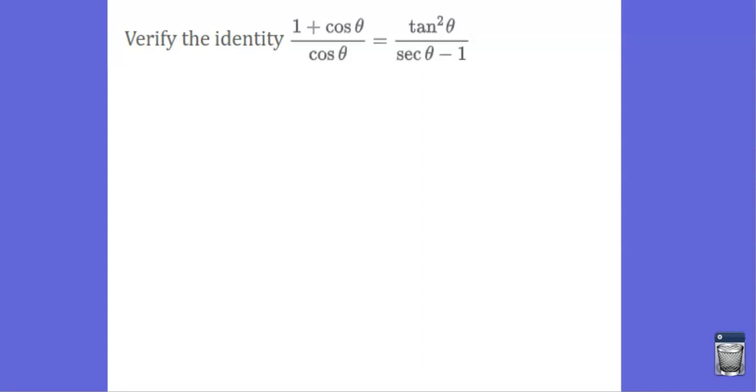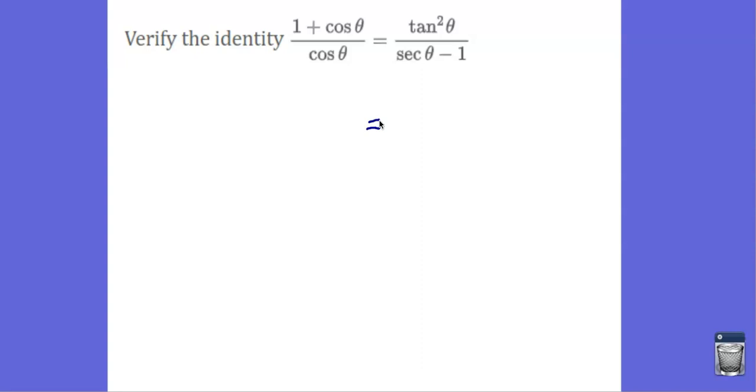This is just a plan, a method that you could use: I'm going to work the left side and work the right side until they equal one another. Sometimes this is a good method because you might not be able to think of how to simplify the right side to equal the left side, or the left side to equal the right side. So sometimes it's good just to simplify both of them a little bit.